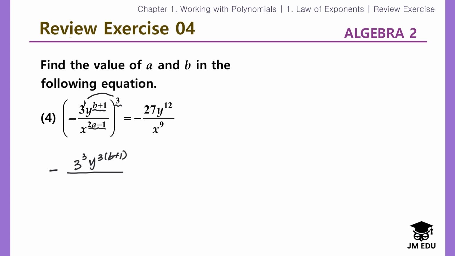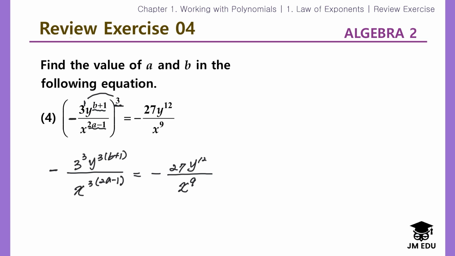And 2a minus 1 times 3, that's going to be x to the 3 times 2a minus 1. And all of this expression is equal to negative 27 y to the power of 12 over x to the power of 9.